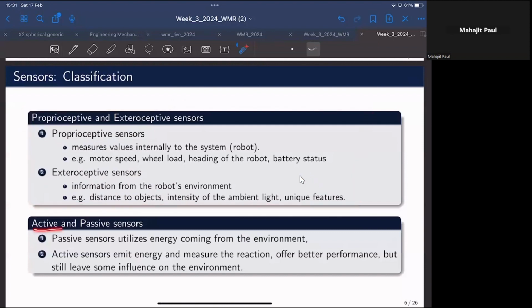Another kind of classification is called active and passive sensors. As the name implies, passive sensors utilize energy coming from the environment. For example, you might have heard about piezoelectric sensors. Depending on the force supplied on the piezoelectric sensor, it produces a charge or electric current.